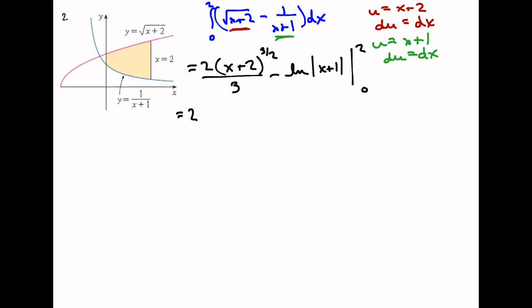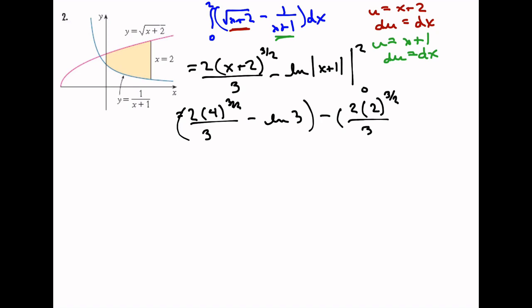You can maybe pause and try this yourself, and then play the video when you're done and see how well you did. All right, so if I plug in the 2, I'm going to get a 4 to the 3/2 over 3/2, the natural log of 3. Remember, fundamental theorem of calculus, this is my f of the top, and now here comes my f of the bottom. 2 times 2, when I plug in a 0, to the 3/2 over 3.